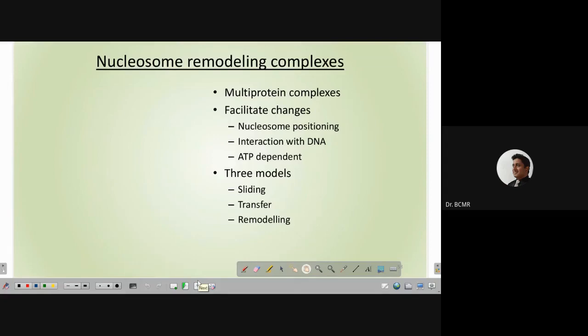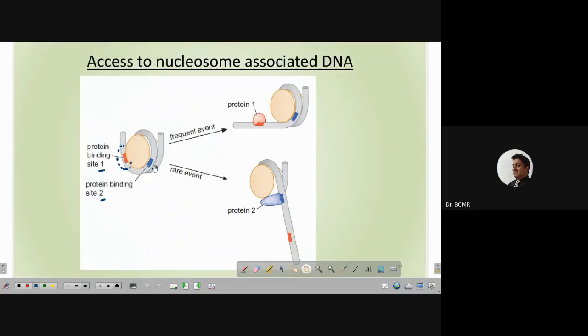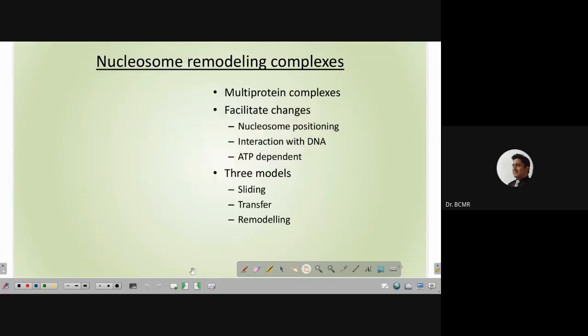But if they are somewhere inside, like shown here, or here, they are much more difficult to access. To facilitate interaction, there are complexes called nucleosome remodeling complexes.